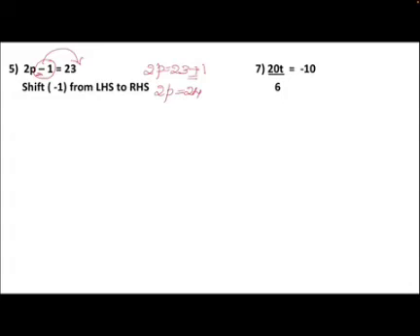2p equals 24, but we want only p, not 2p. So what do I do with this 2? Do we simply cancel it? No, is it not? So what we do is, earlier elimination method you would divide. Now simply we are shifting it and making our job easy. So I'm going to shift 2 to RHS but denominator.